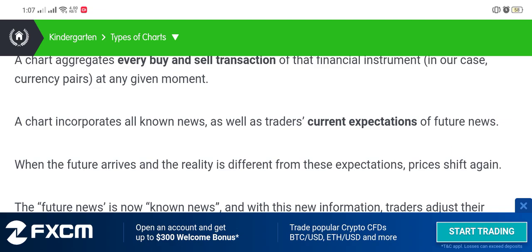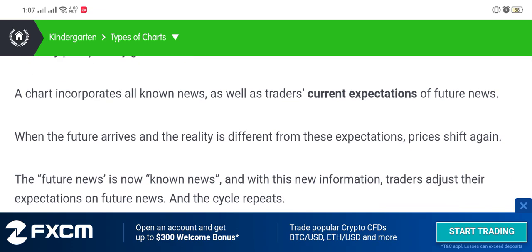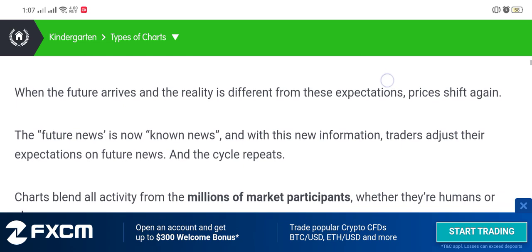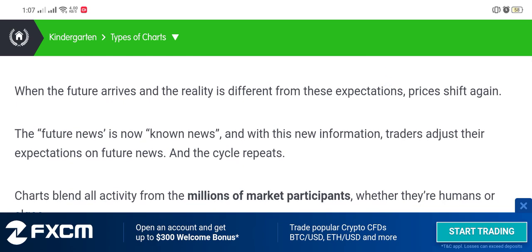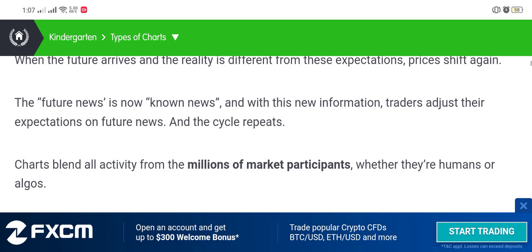The news, as well as traders' current expectations of the future. This is when the future arrives and reality is represented, and the exchange price shifts again. The future news is now known, and there is new information. Traders adjust their expectations on future news and the cycle repeats.